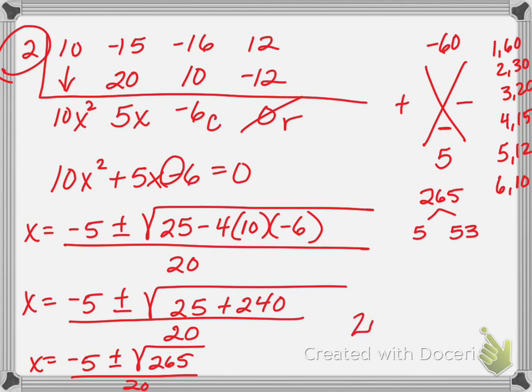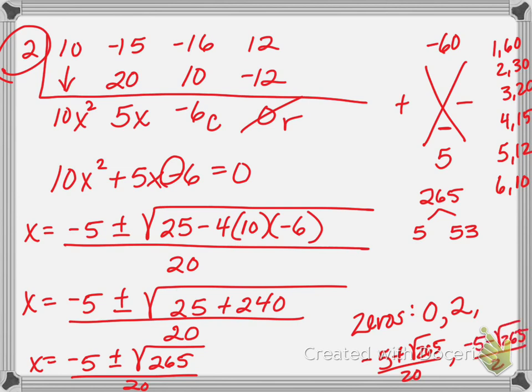So my zeros are the 0 we got at the very beginning when we factored the x out, the 2 that we found with synthetic division above, and then negative 5 plus square root of 265 over 20, and negative 5 minus square root of 265 over 20.